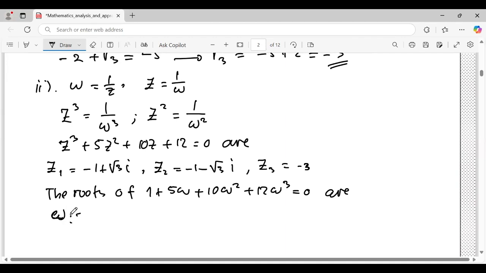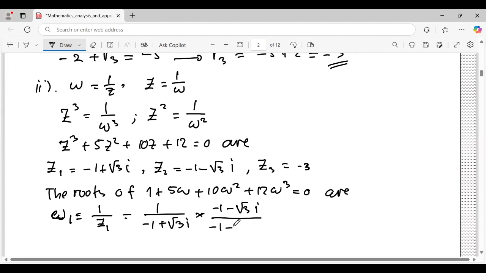w1, the first w. Based on this transformation, it becomes 1 over z. So 1 over z1 is 1 over -1 plus square root 3i. I would like to multiply by the conjugate of this denominator, -1 minus square root 3i.